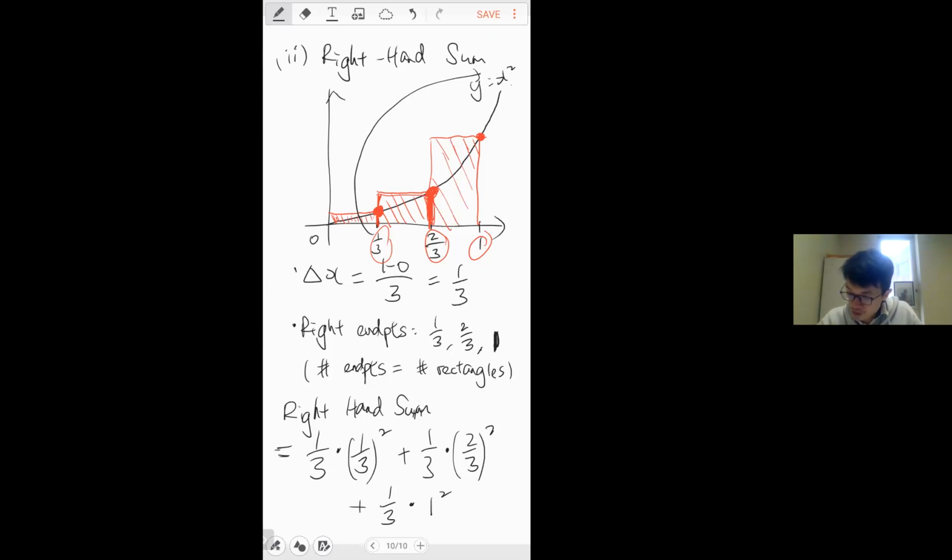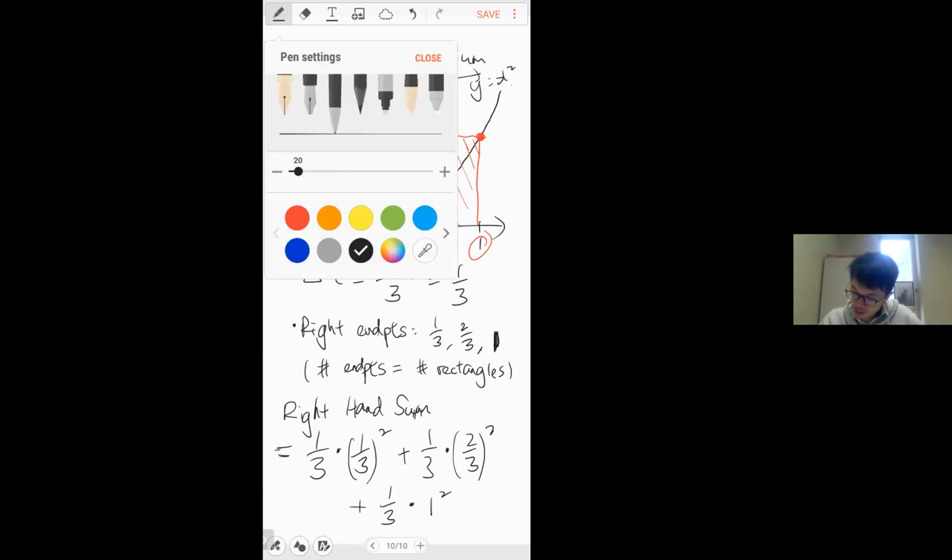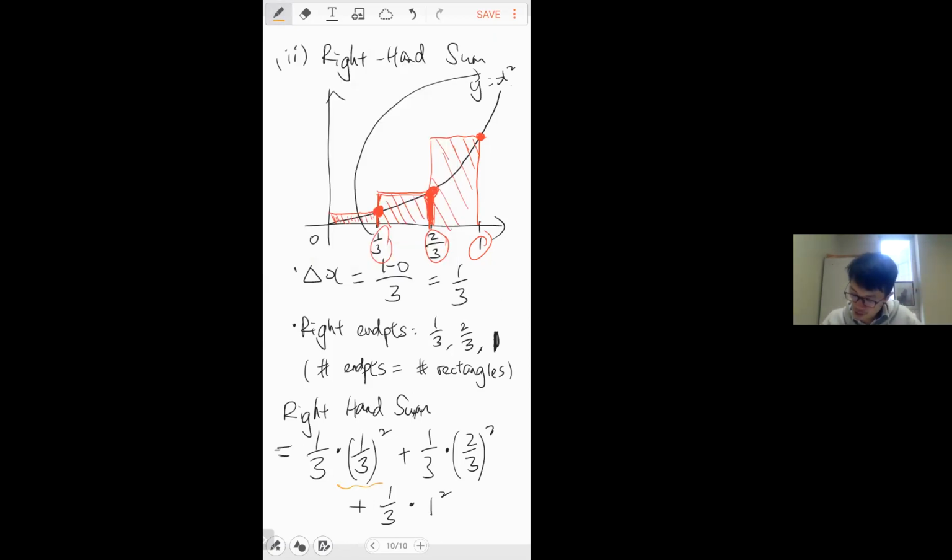Okay. I guess you can see by now that I don't even have to draw the graph, right? So how do I get all these numbers? How do I get 1/3 square, 2/3 square, and 1 square? I get them by plugging in my endpoints into the function.